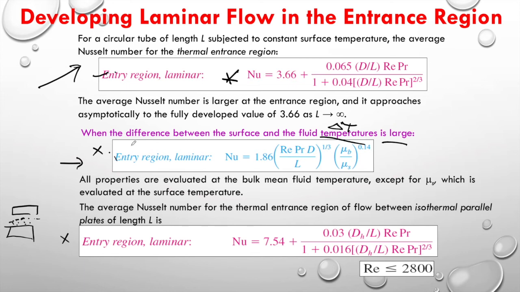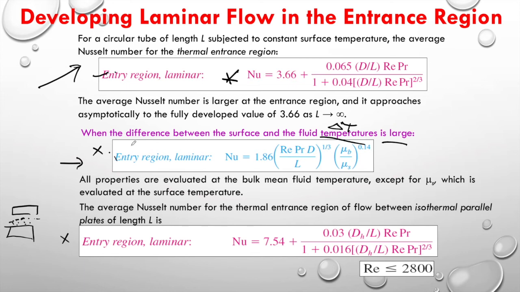You already determined that your flow is laminar, and your pipeline falls under the entrance region. Therefore, we have to find the equation for developing laminar flow.